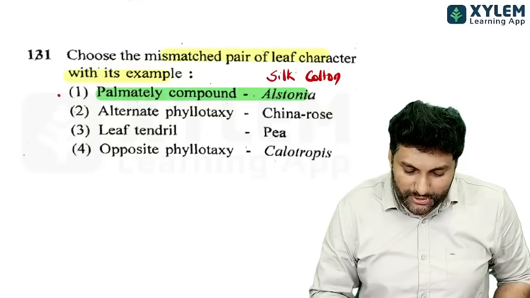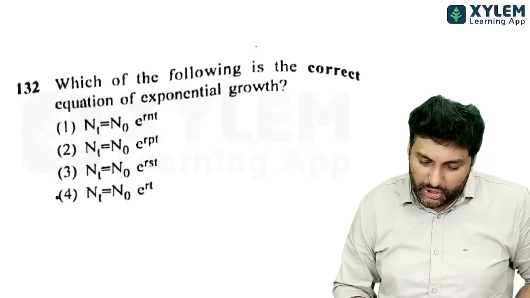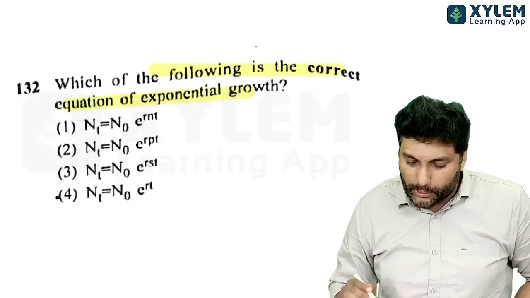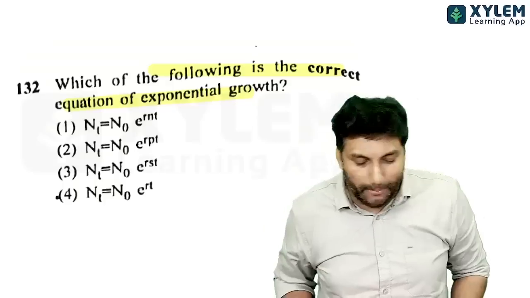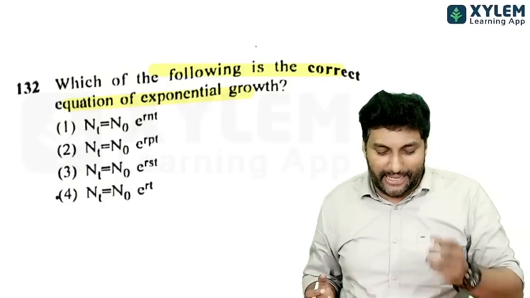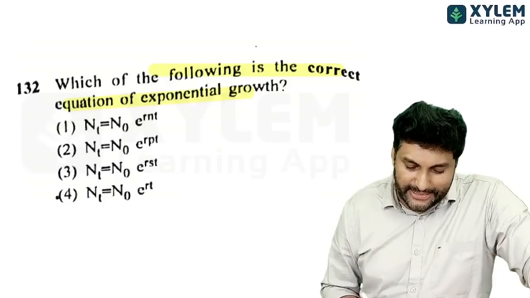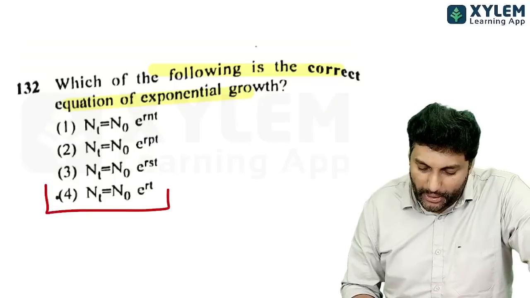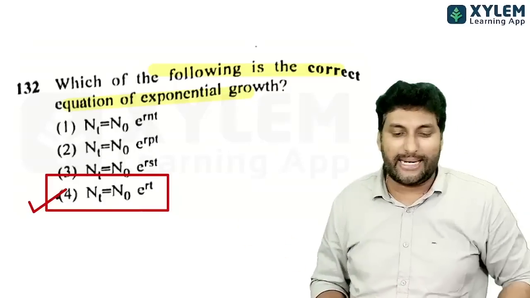So the answer goes to the first one. Okay. Again, 132. Which of the following is the correct equation of exponential growth or geometrical growth? You have studied that under exponential growth it is Nt equal to N0 into e raised to rt. That is the right one. So the fourth option is the correct one.